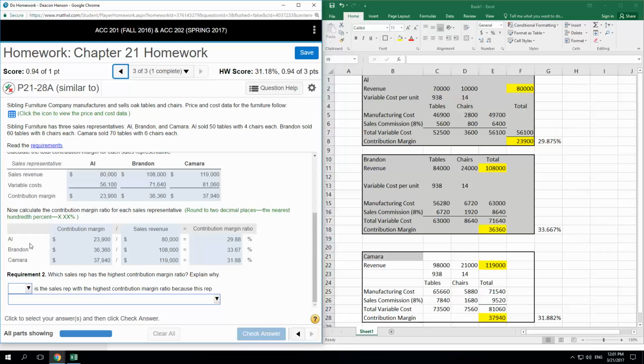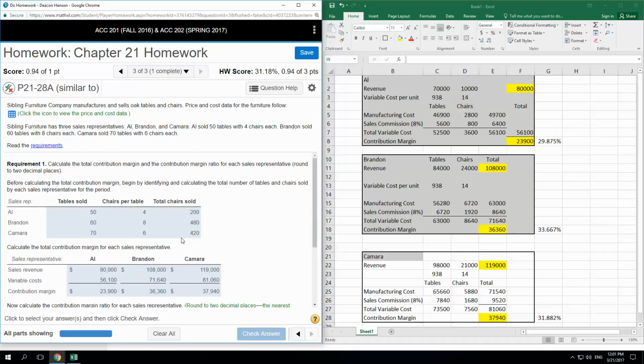So you can maybe rank your sales reps. Which sales rep has the highest contribution margin ratio? Looks like it is Brandon, right? And they want to know why. Maybe we can look back up here. Let's see. Brandon.